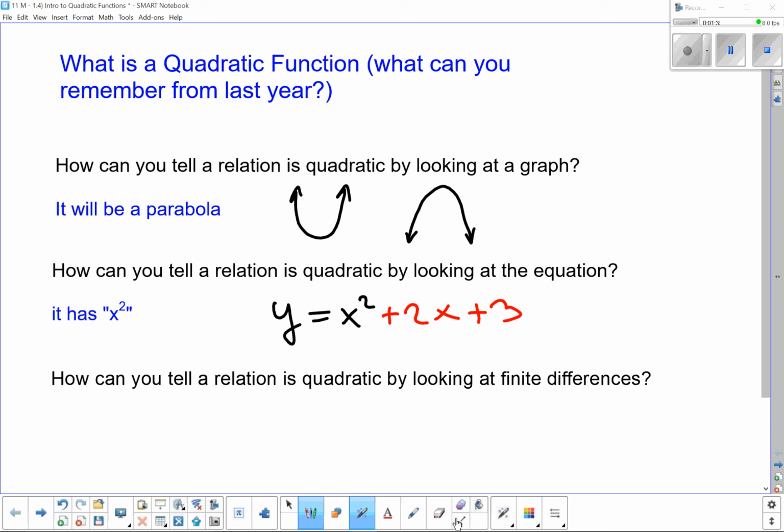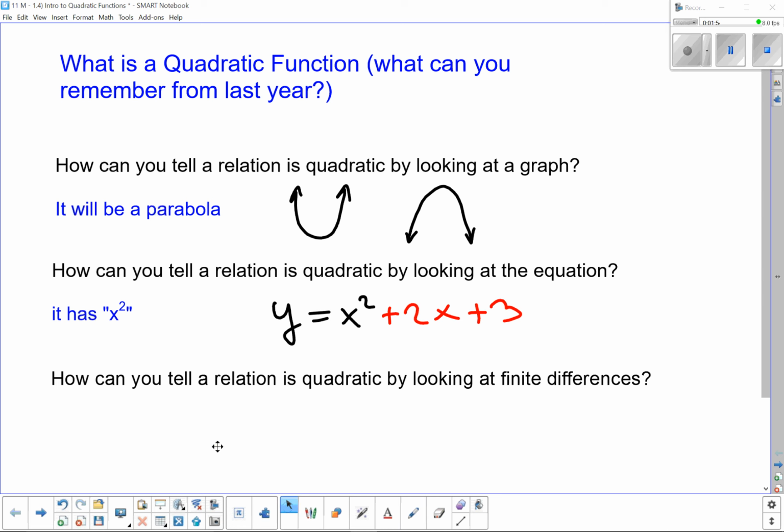And the last piece of information is in respect to when you have a table of values. When you have a table of values, you're going to perform finite differences. We will talk about the process of performing finite differences a little bit later on.